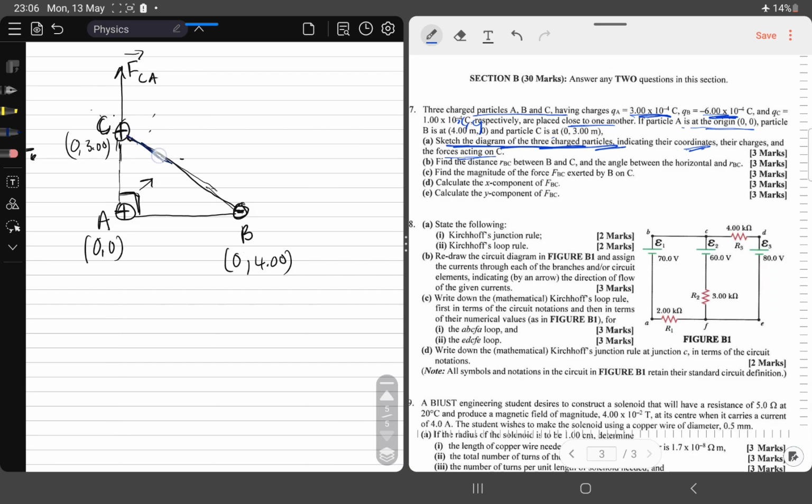So here is the force. I put an arrow and say this is the force on C by B, FCB. There we go. So here we've shown the forces and we are done. Is there anything else? No, that's good. We have sketched our diagram, shown the coordinates, and shown the forces. There we go, we have done everything. So this is enough.